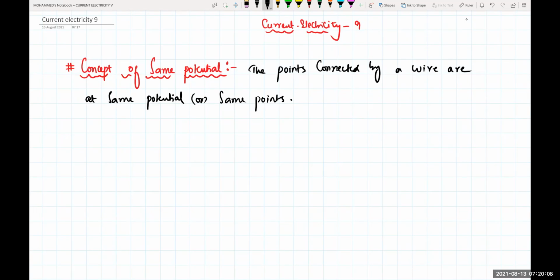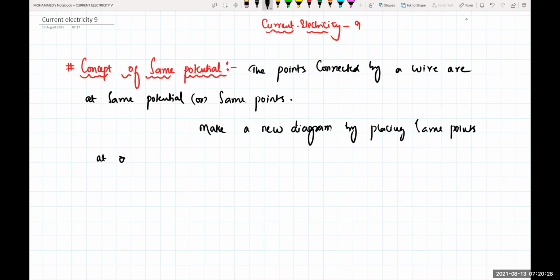Okay. So what you do is make a new diagram by placing same points at one place, and then identify the resistance in series or parallel.